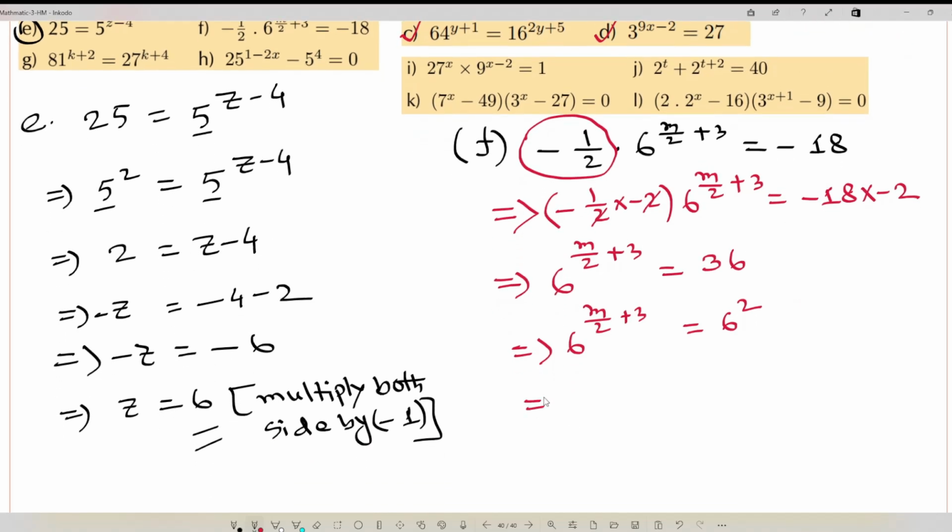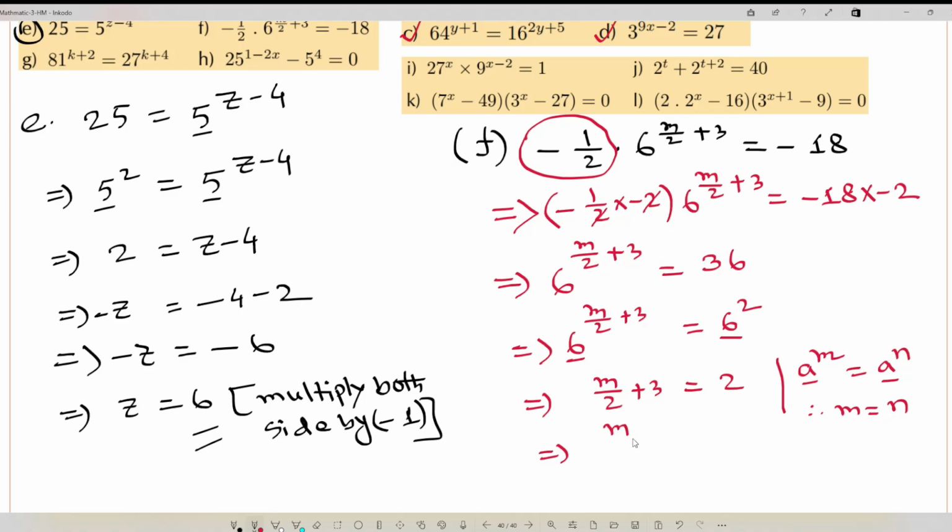Now look, both bases are the same, left side and right side, therefore we can write m divided by 2 plus 3 equals 2. Why? Because we know a to the power m equals a to the power n, bases are the same, so m equals n.